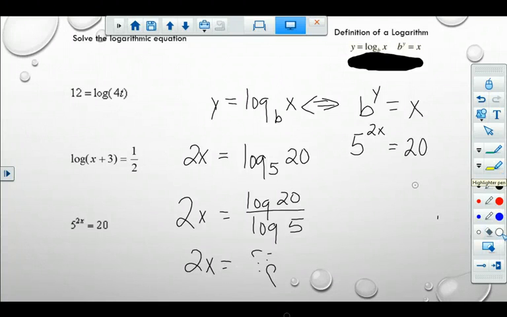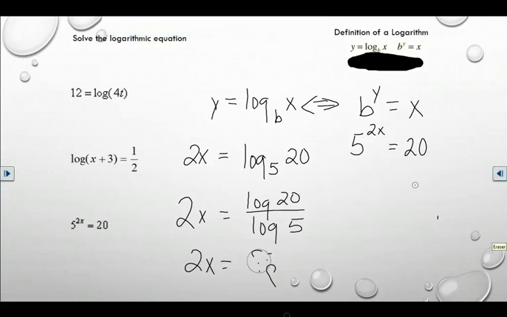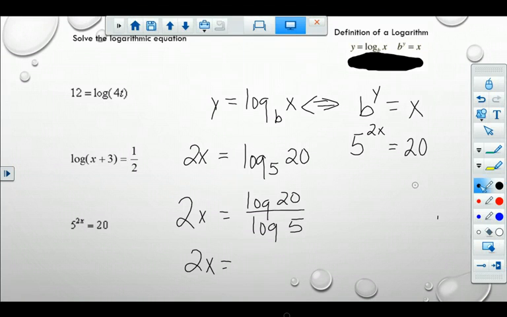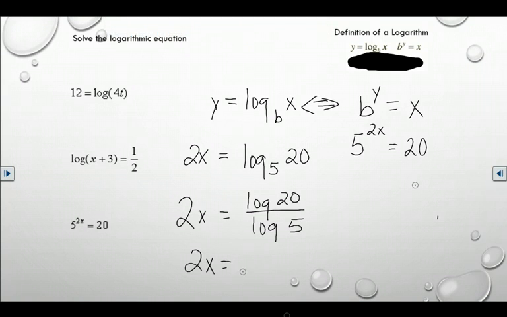Y'all know I do all of this. I do it for y'all. Y'all know that. .86. There. And what is that? 0.9293 or something? What? 0.93. So x is equal to 0.9.